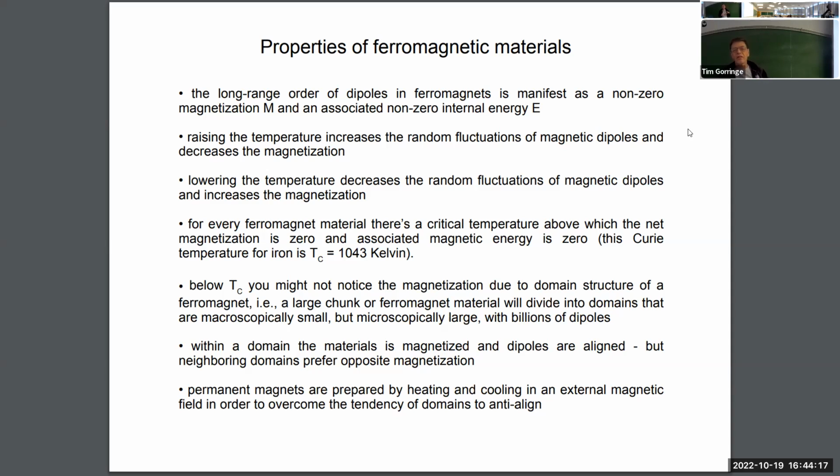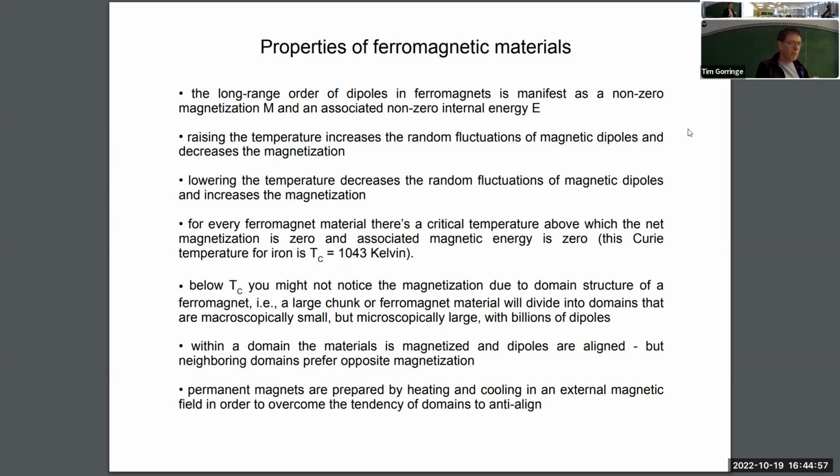Now, in that latter case, you don't always see a slab of iron with aligned dipoles as being a magnet, because of what we call the domain structure of the iron. Inside a large chunk of iron below the Curie temperature are generally macroscopically small, microscopically large domains.